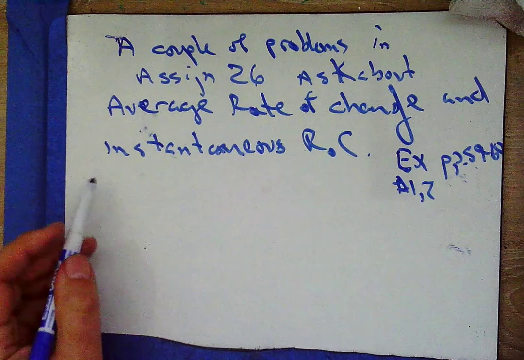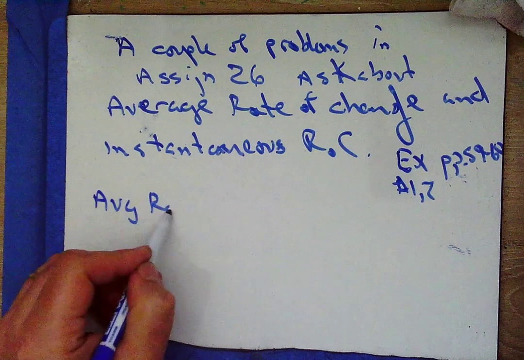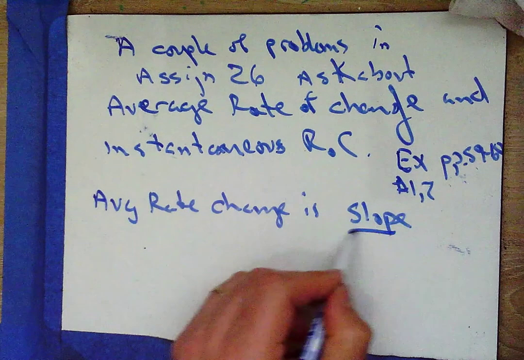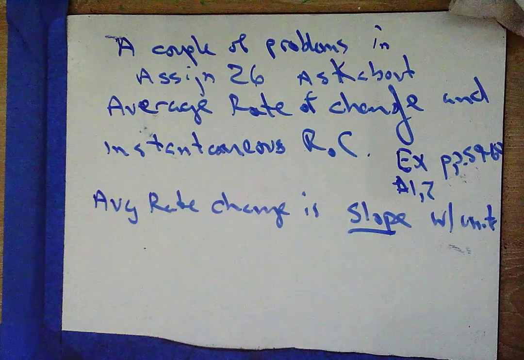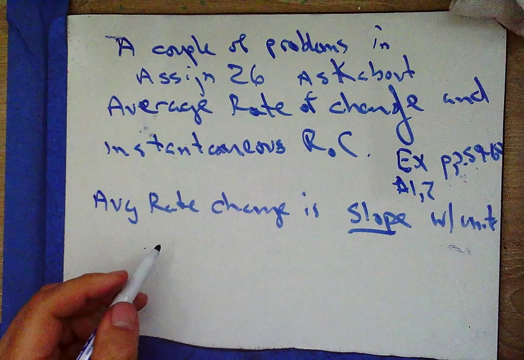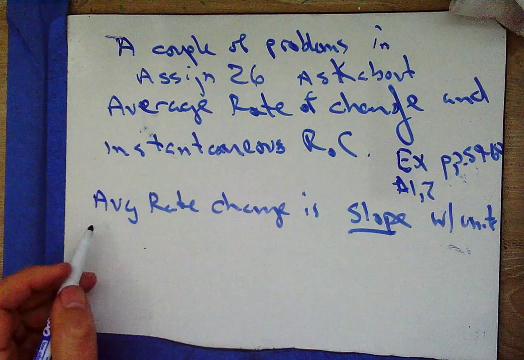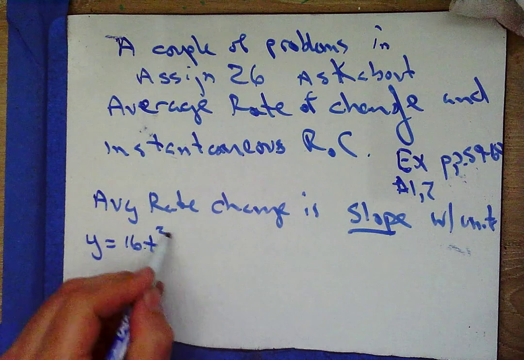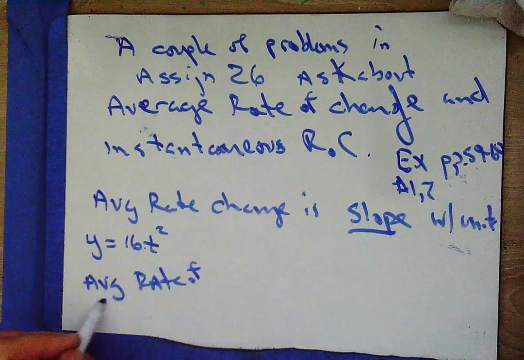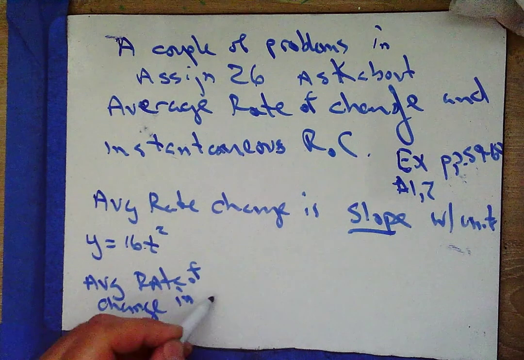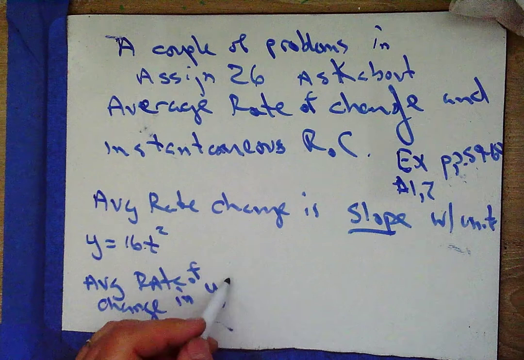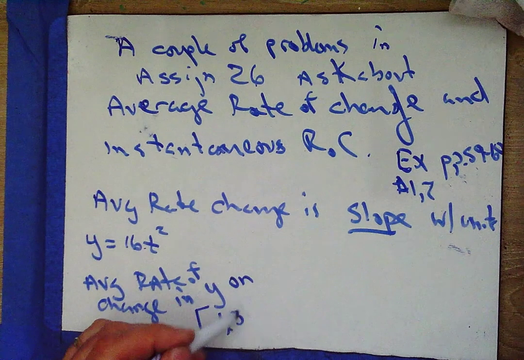Let's say that we know average rate of change is simply slope with units. Okay? So if I have, let's say, this function y equals 16t squared, and I want to know the average rate of change in y on an interval 1 to 3.